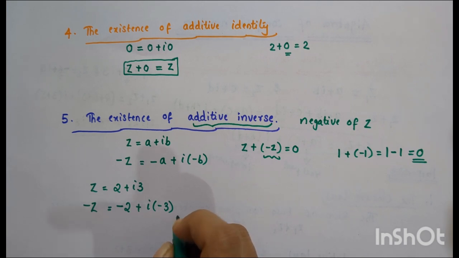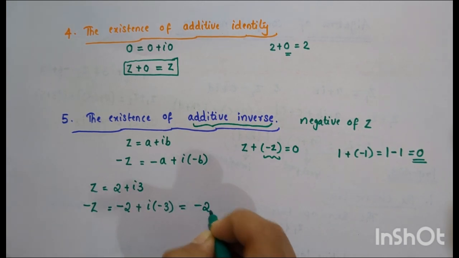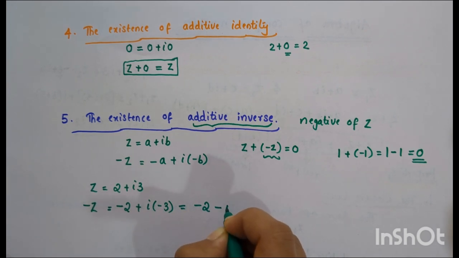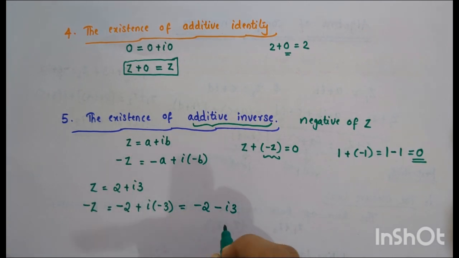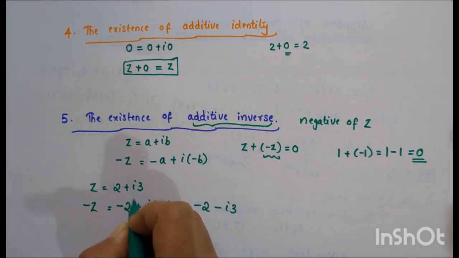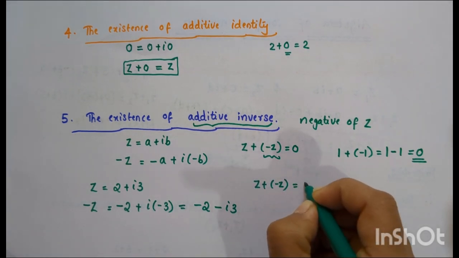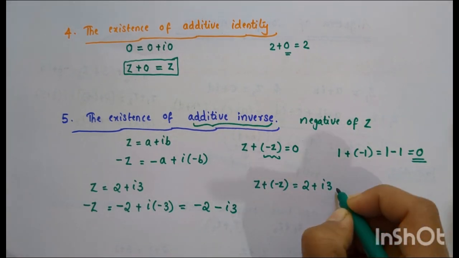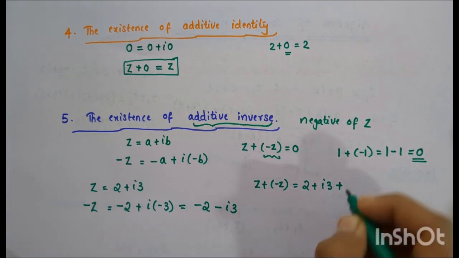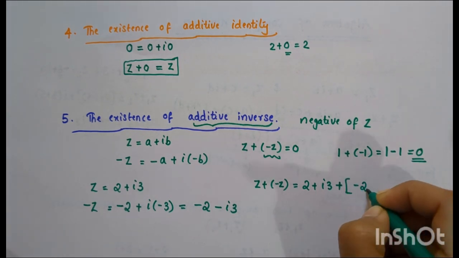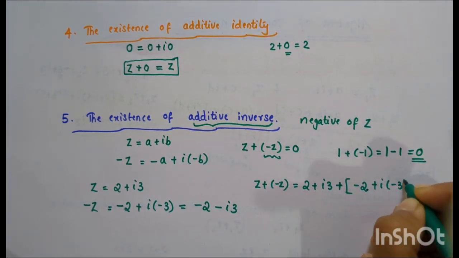Okay, so you see, this can also be written as minus 2 plus minus i3. Both are the same actually. Now, when you add these two, that is z plus minus z, this will be equal to 2 plus i3 plus minus z, which is minus 2 plus i into minus 3.